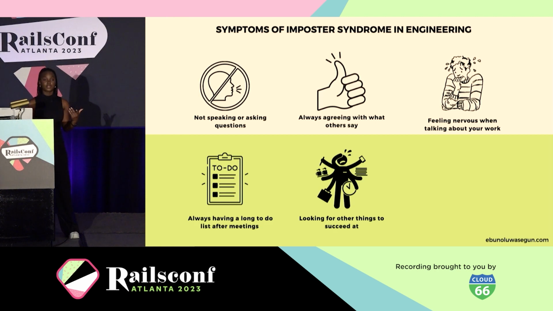Now, if you are squashing 72 bugs a day because you want people to think that you've been productive and you don't want them to ask you how much you've done in this new project, then that right there might be a symptom of imposter syndrome. So you're not focusing too much on the project that you have at hand because it seems too difficult. But then when someone asks you, you say, oh, I squashed 100 bugs today, I was so busy, all of that. That right there is a symptom of imposter syndrome.